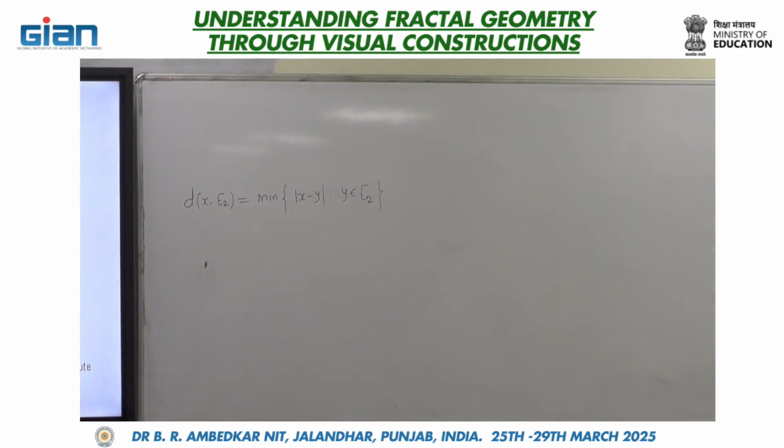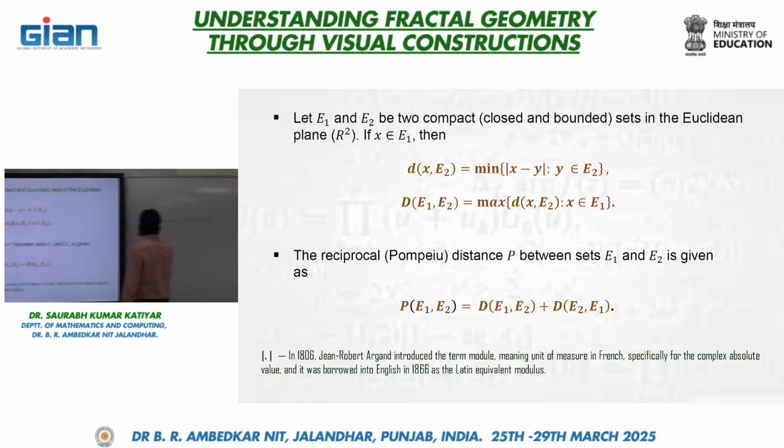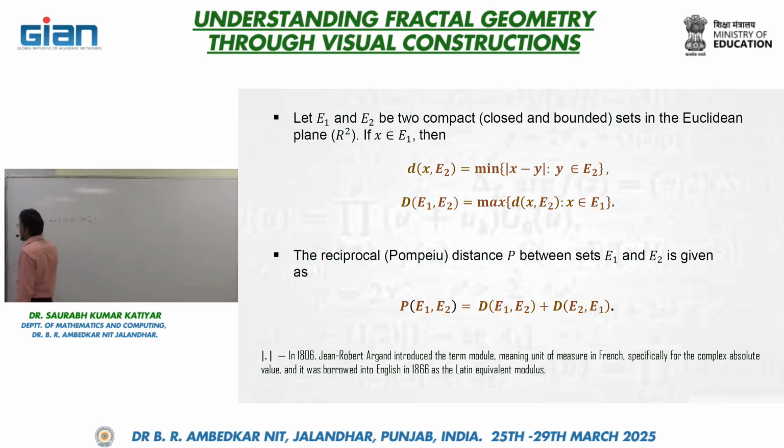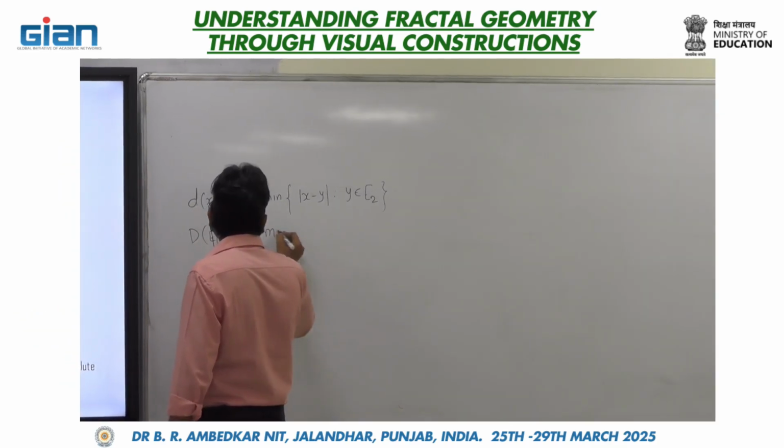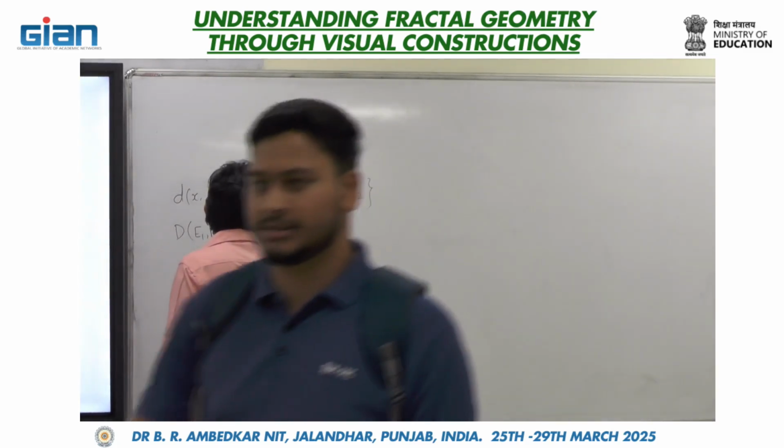Then what will be capital D of E1 to E2? E1 to E2 will be the maximum of this distance d of x comma E2. So D of E1 comma E2 will be the maximum of d of x comma E2.